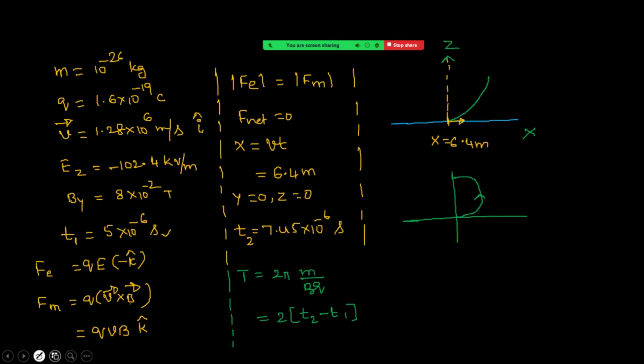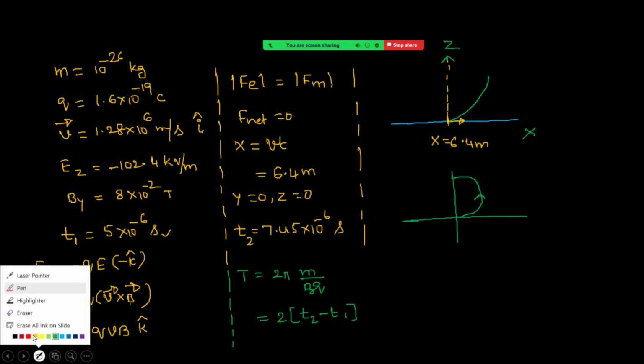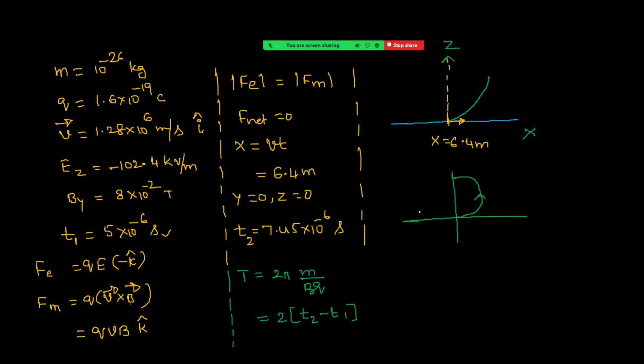That means this is now the location of the particle. And this is the x coordinate, x equal to 6.4, and this is the z-axis. And this will be equal to 2r, twice the radius. We can find r, which is equal to mv by bq.